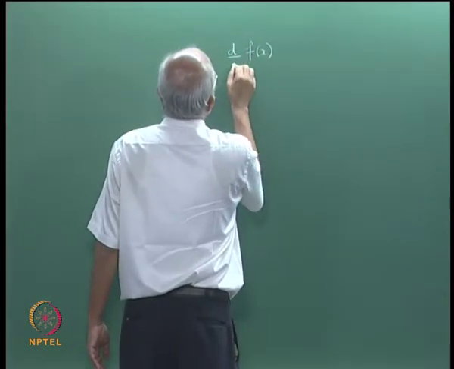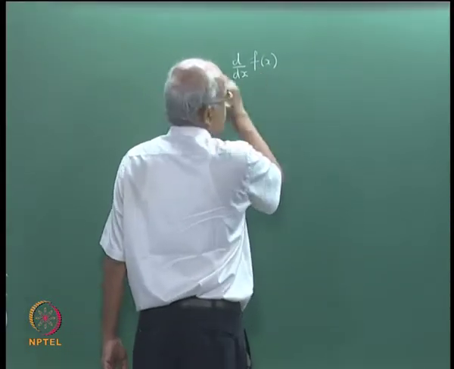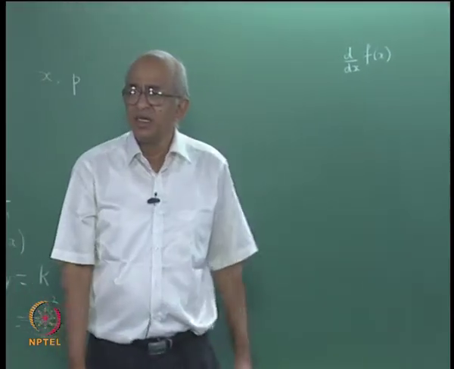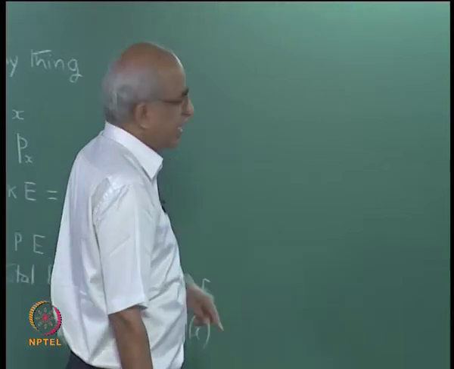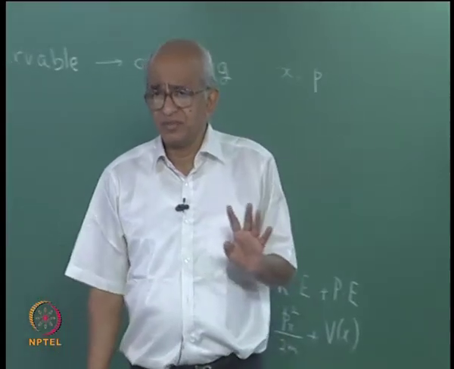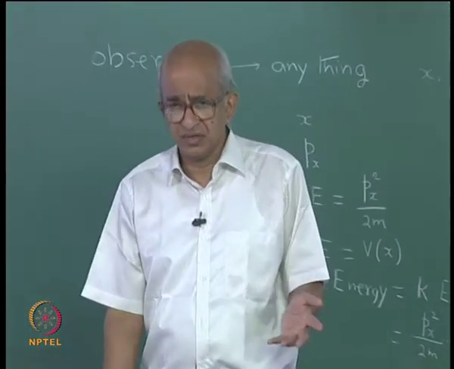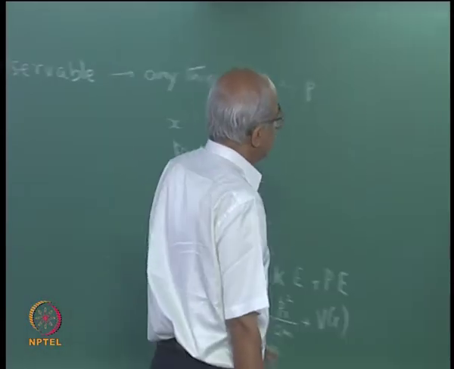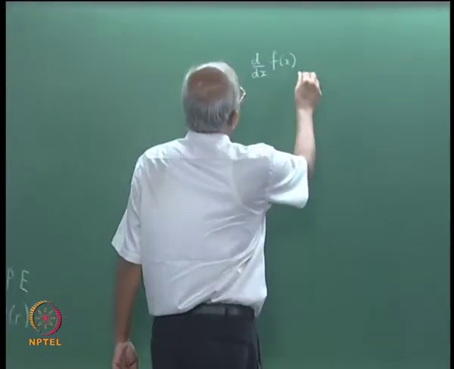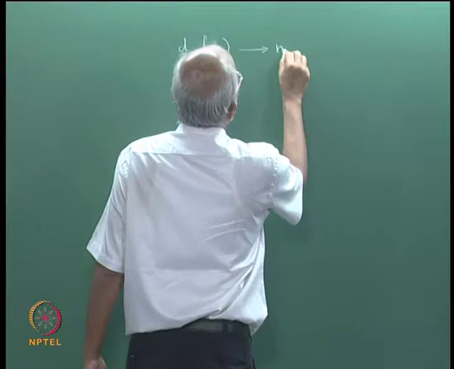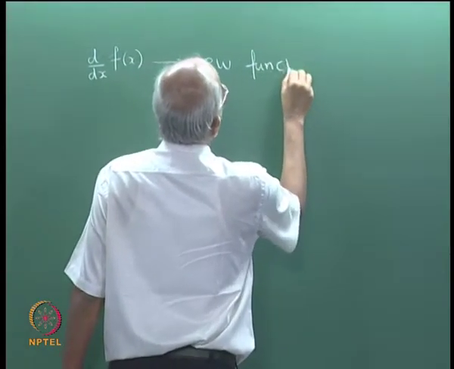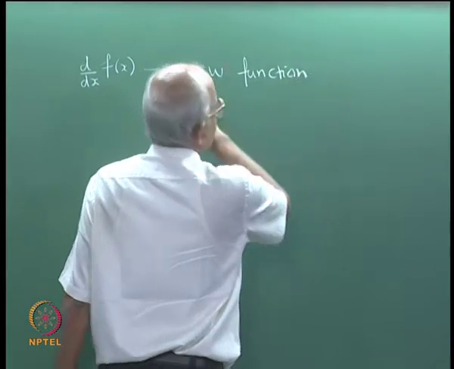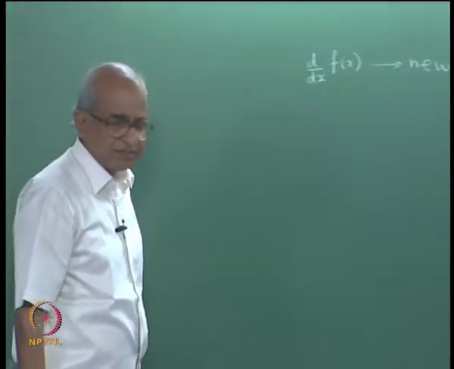So, I carry out the process of differentiation, which we usually denote by the symbol d by dx. And what will be the answer? The answer will be a new function, which in this case is nothing but the derivative of the function f of x.